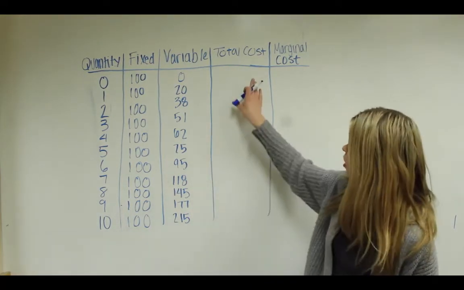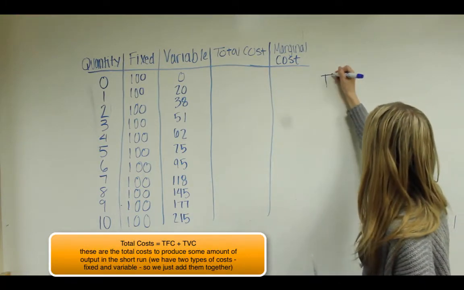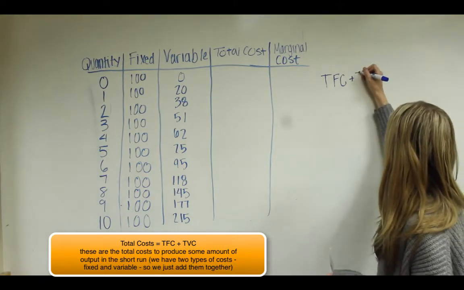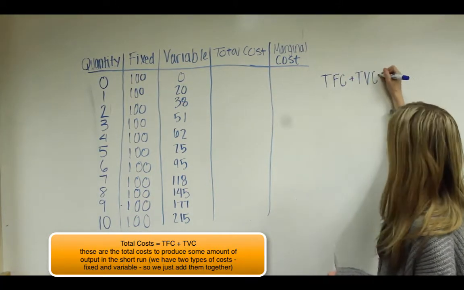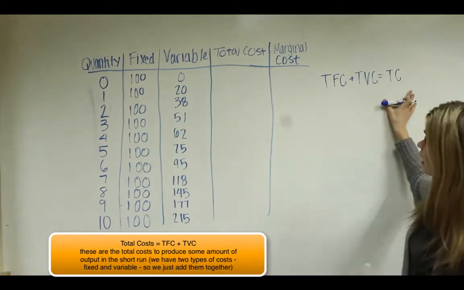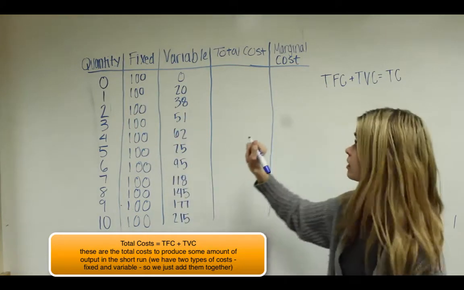All right, and total cost is best understood as total fixed cost plus total variable cost equals total cost. It's just the sum of fixed and variable at a certain quantity.